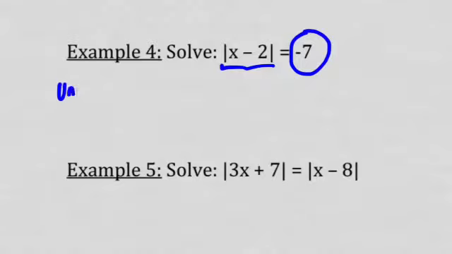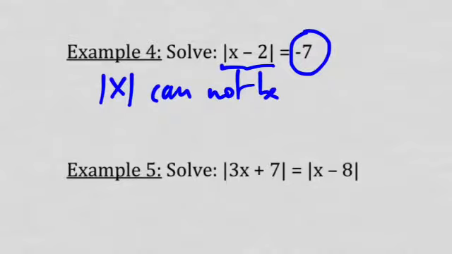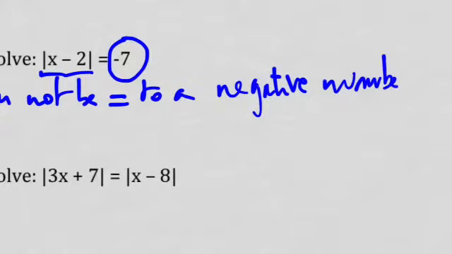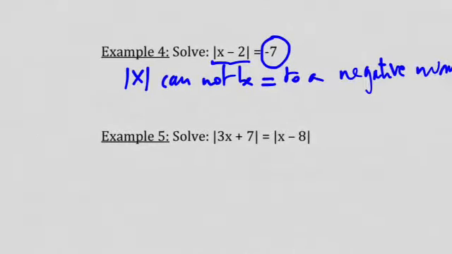An absolute value of an algebraic expression cannot be equal to a negative number, because an absolute value is always positive, right? So because an absolute value is always positive, that means there is no solution.